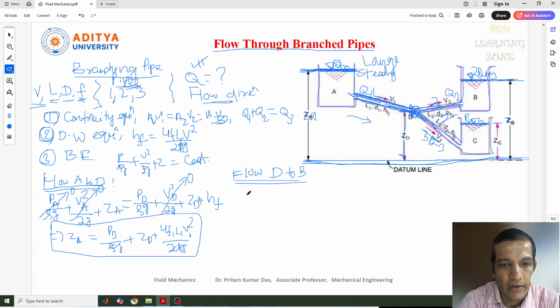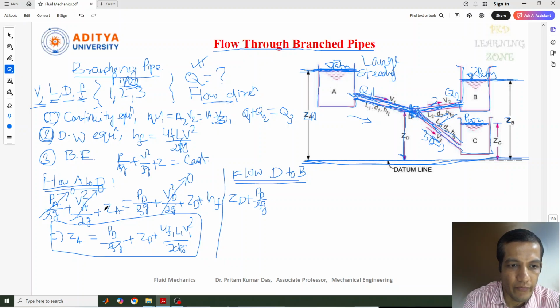Similarly, we can write here, ZD plus the pressure at this point, that is PD by rho g. This equation can be written in the same form as what I have written here, and there we can find the final one.